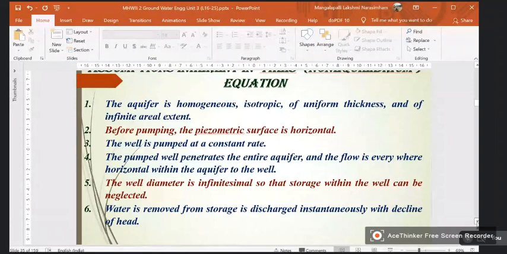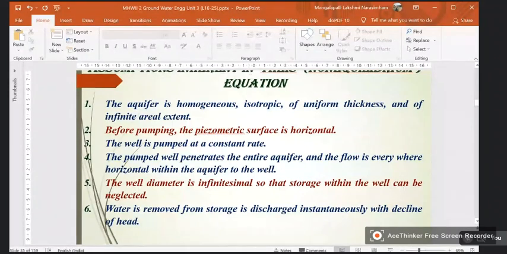The pumped well penetrates the entire aquifer and the flow is everywhere horizontal within the aquifer to the well. That is the fully penetrating well assumption. And the flow is horizontal.